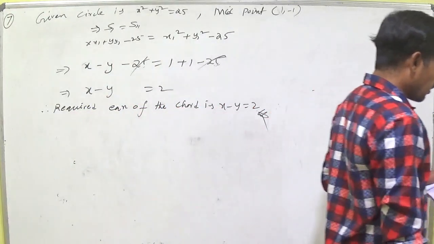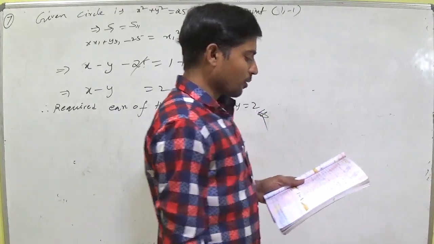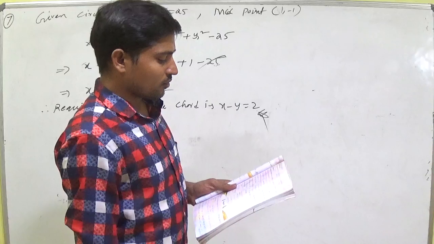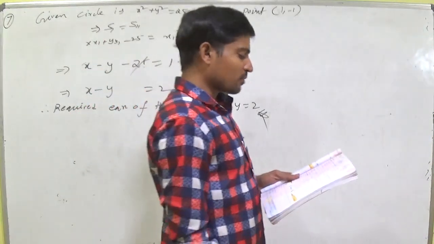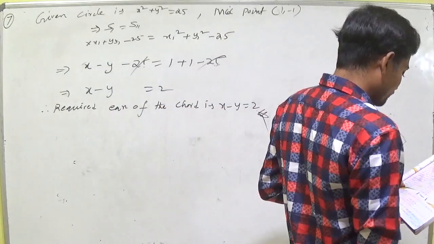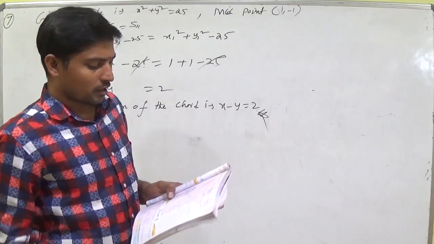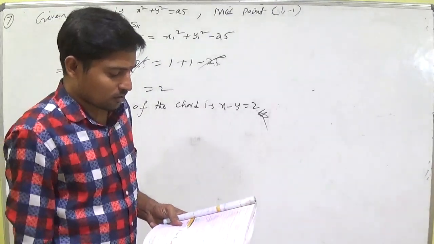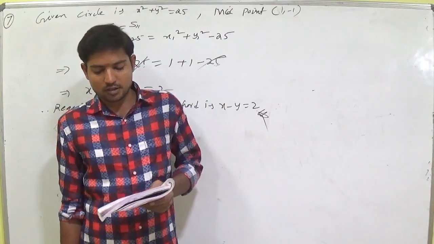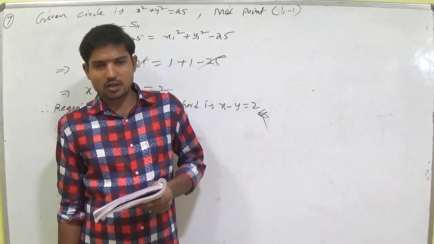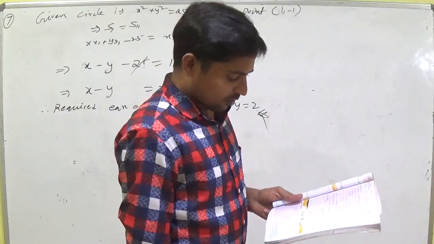So the homework problems are the 6th, 8th, 9th and 10th. We'll explain the 9th one. The 11th also you can do, because the circle and midpoint are given, the equation of the chord is S1 equal to S11.